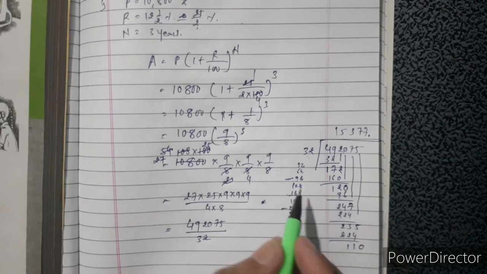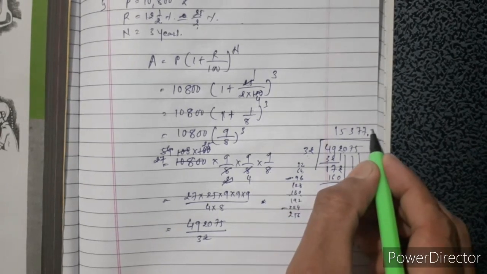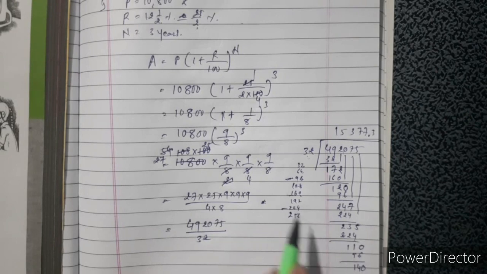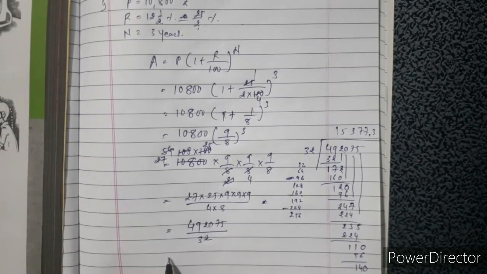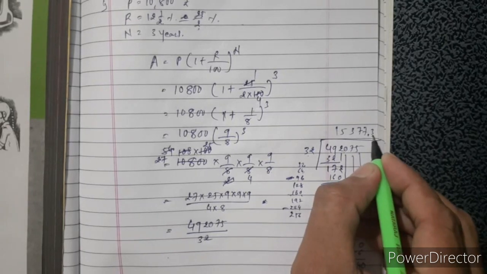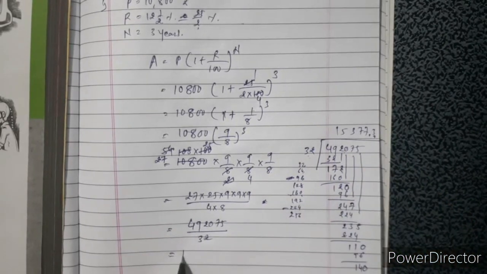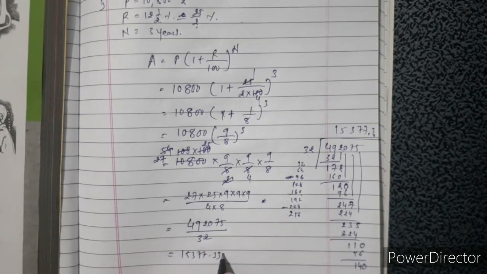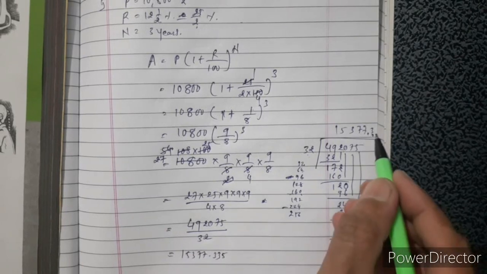So 32 3s are 96, so that is 14. Again 0, 14 means 140, 140 means again 3. So your answer is 15377.33, and next number is 5.